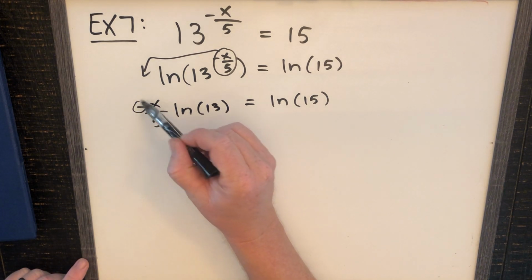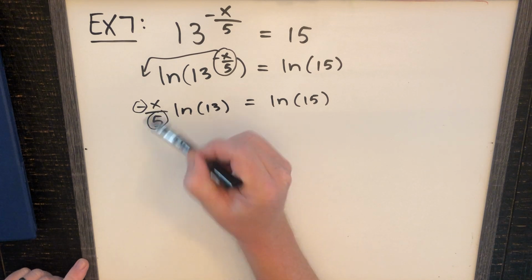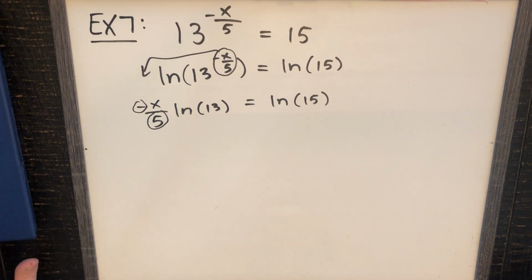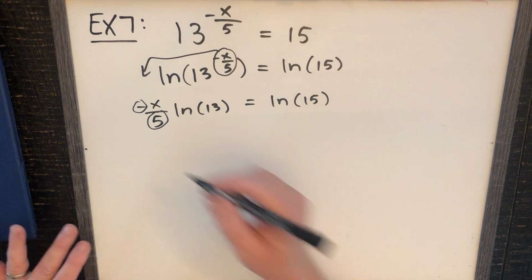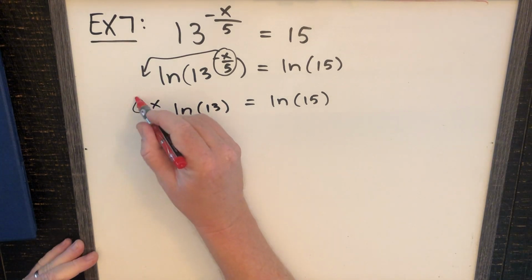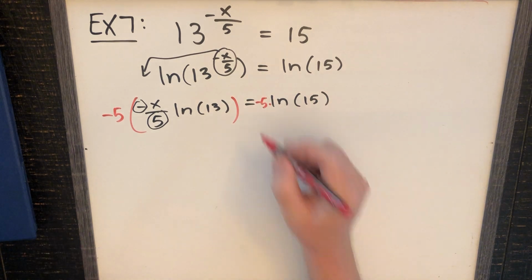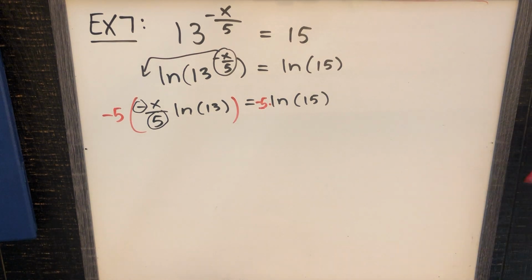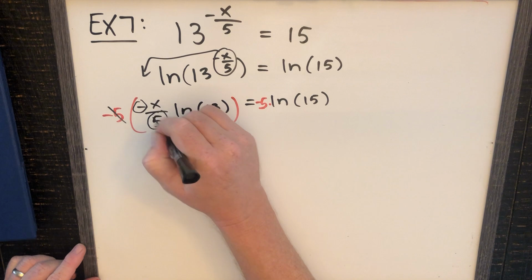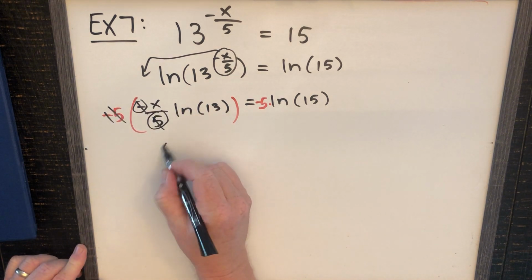Let's get rid of this negative sign and this 5 first. Those things are going to cause us some problems. So let's multiply both sides by negative 5. And that will cancel these 5s and these negatives.